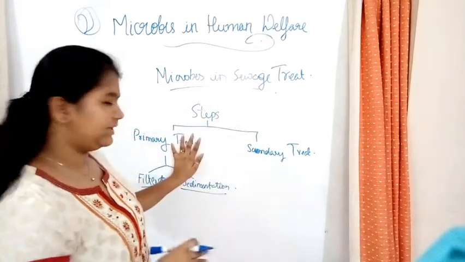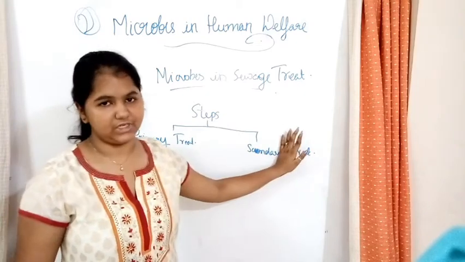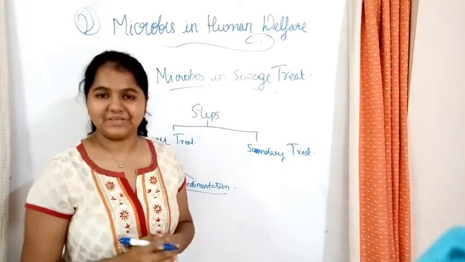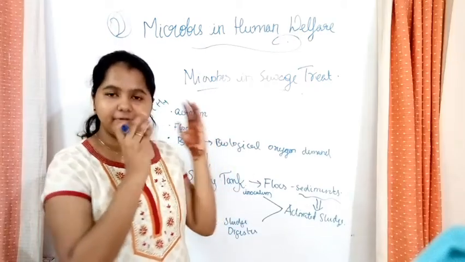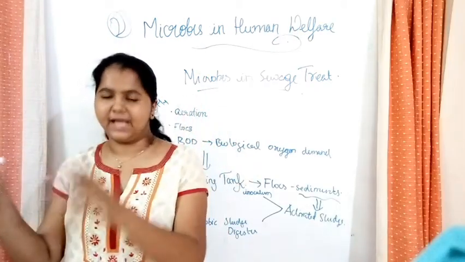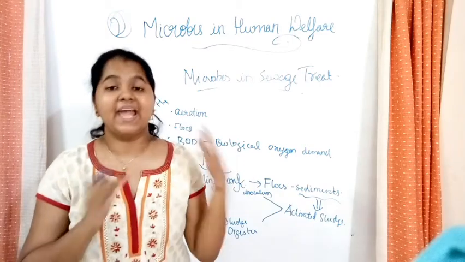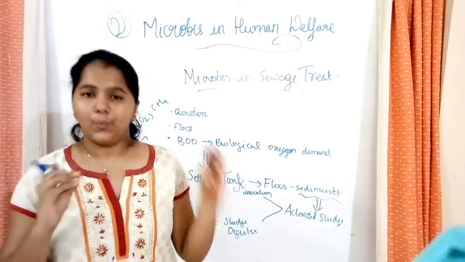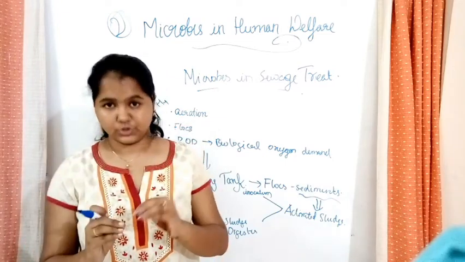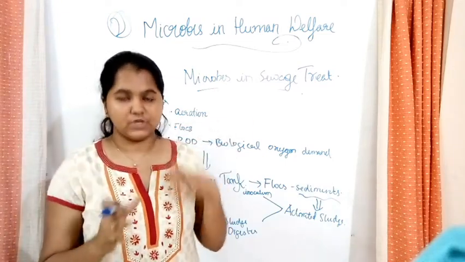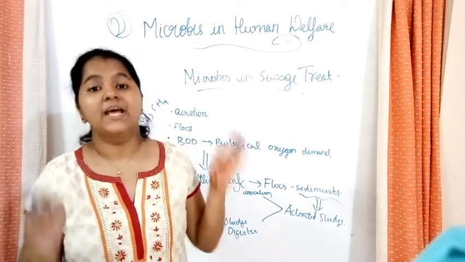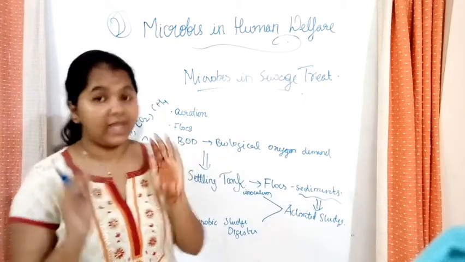This was the primary treatment tank. Now it's moved to the secondary treatment tank. Let's see what the secondary treatment is. The effluent from the primary tank is moved to the secondary tank, and aeration takes place. What is aeration? A continuous supply of oxygen. When you give a continuous supply of oxygen, the microbes grow in it, aerobic microbes.